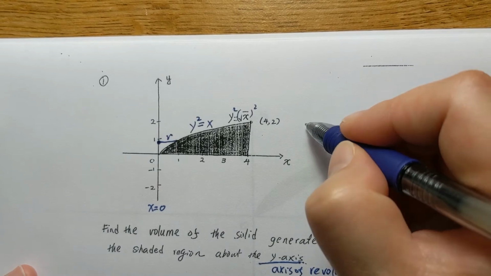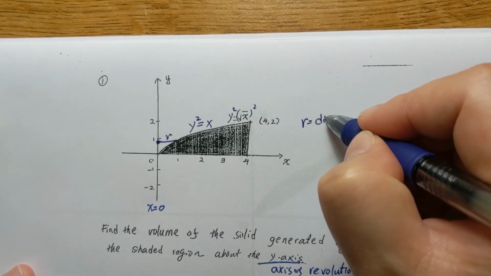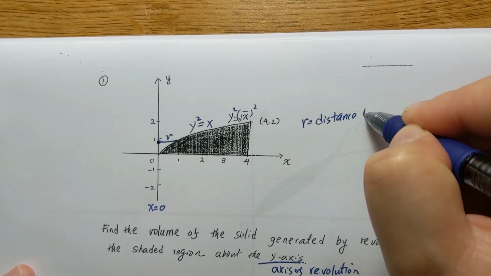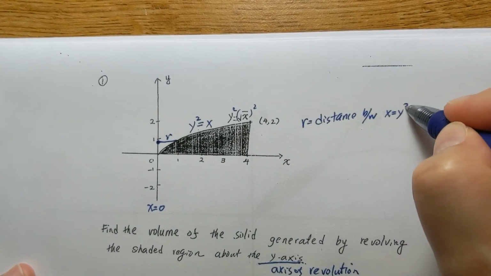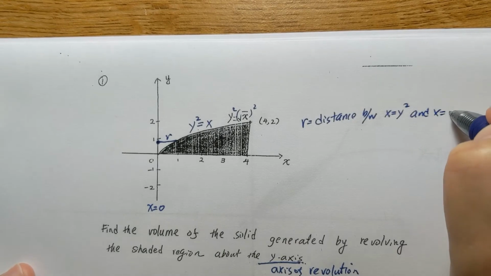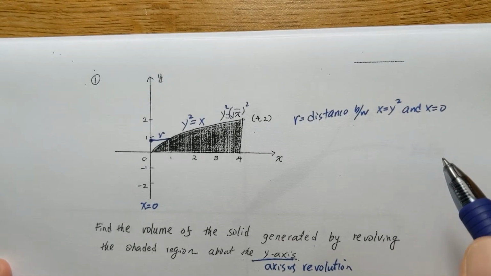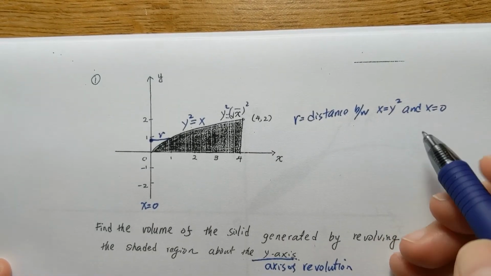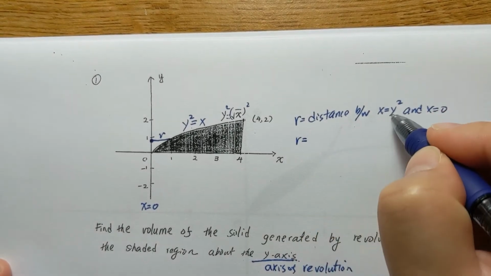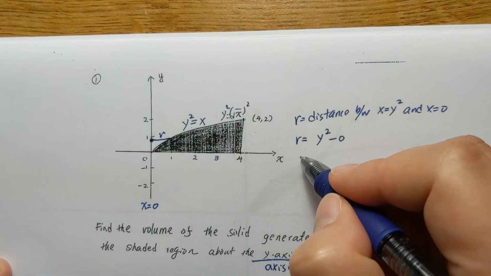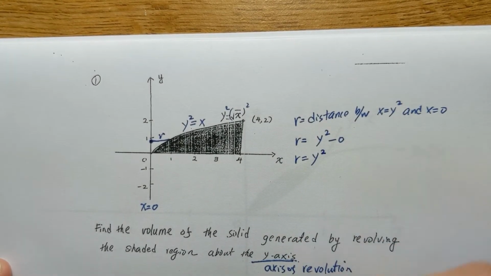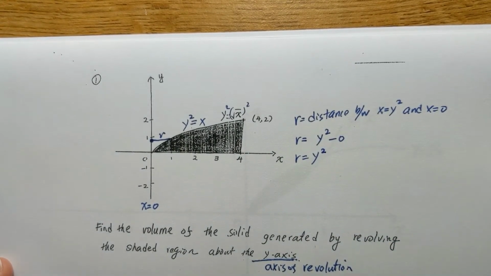So now the small radius is the distance between x equal y squared and x equals 0. To get a positive radius, we do right minus left. So r equal to y squared minus 0. The x will be canceled out. So r equal to y squared. So we found the small radius.